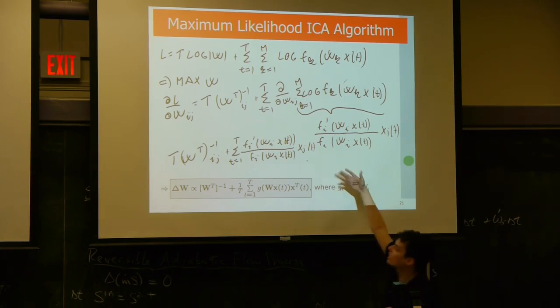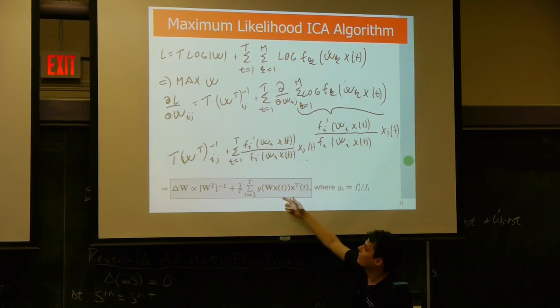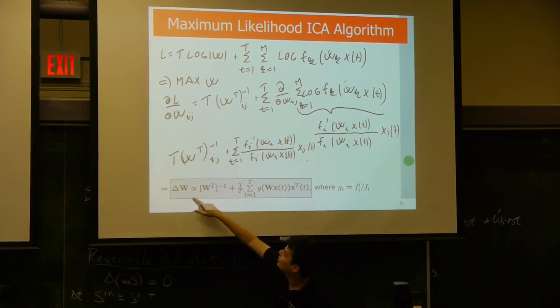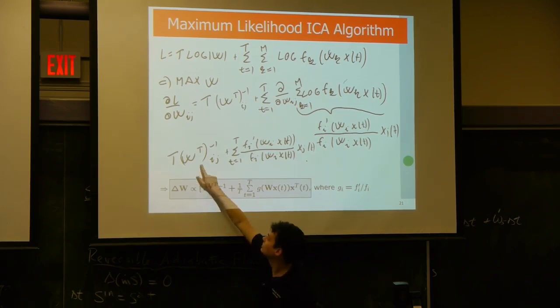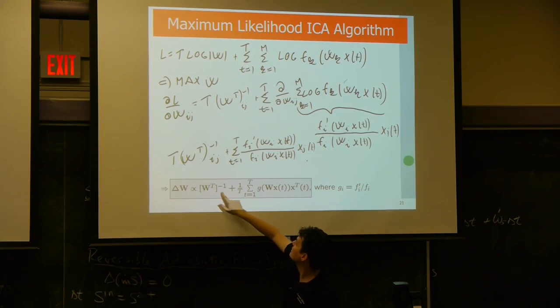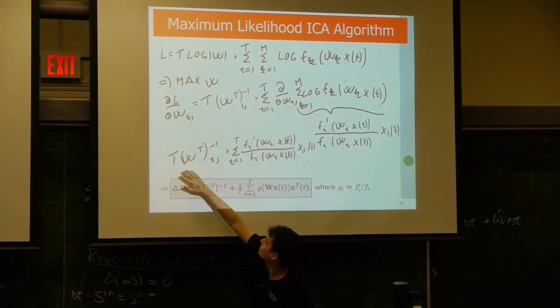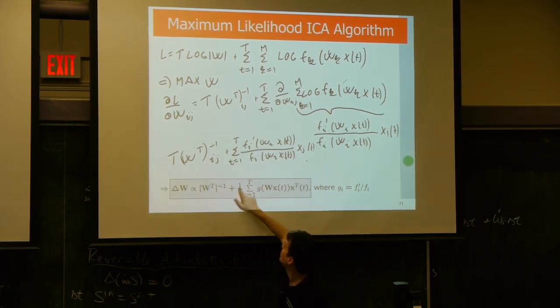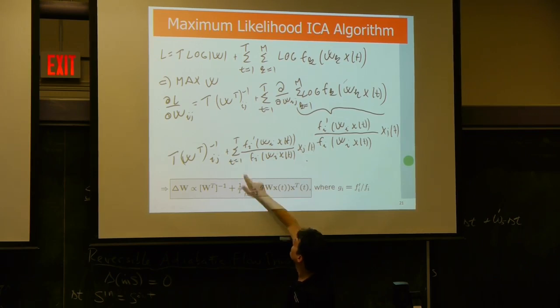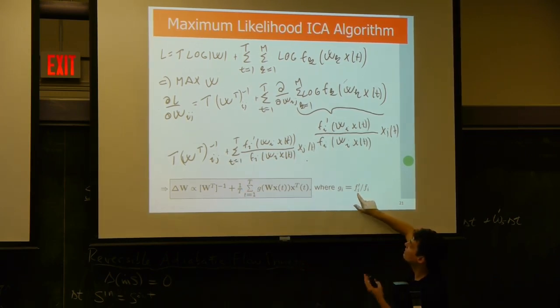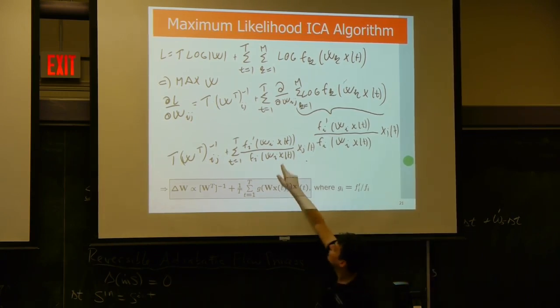The calculation looked a bit ugly, but the final result is just one line: you update W with this rule, proportional to W transpose inverse plus, since I divided this whole thing by T, plus 1 over T, sum t equals 1 to T, and let g denote the derivative of f_i over f_i.